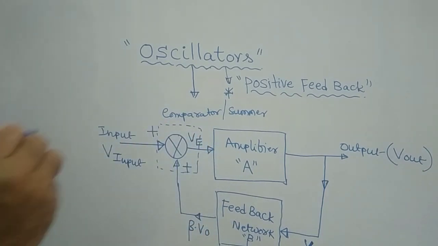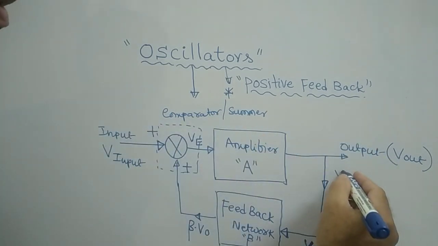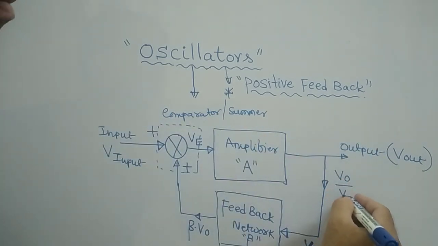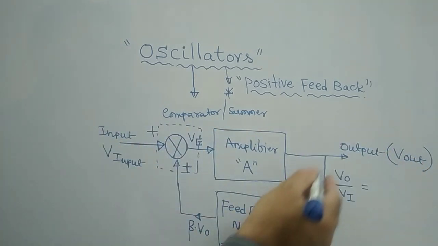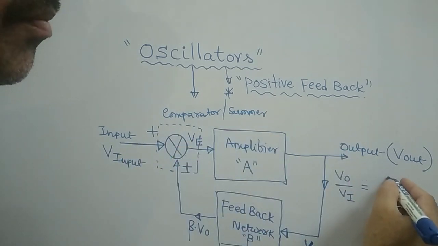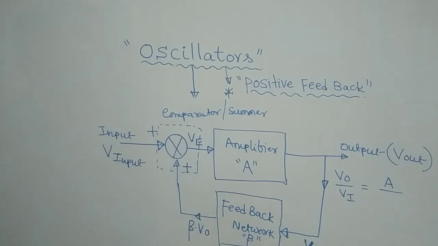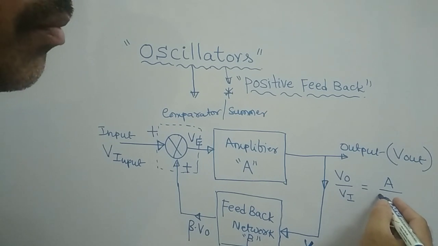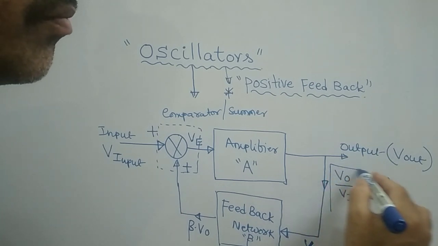Now if you take the ratio V naught by Vi, the ratio of output by input with the effect of this feedback, you will get A by, so this is the positive feedback. For positive feedback, what you will get normally is 1 minus A beta. Remember that. This is the formula.